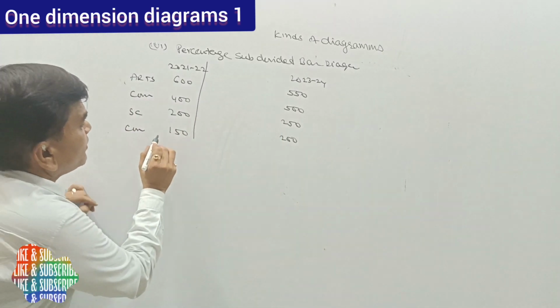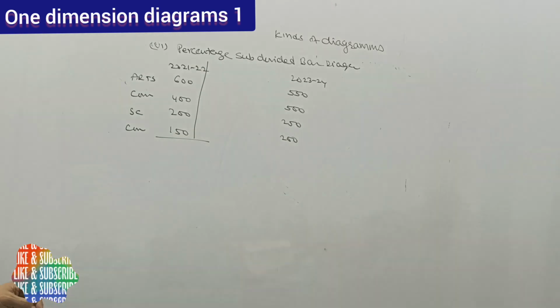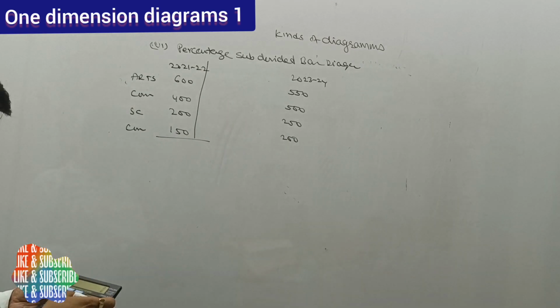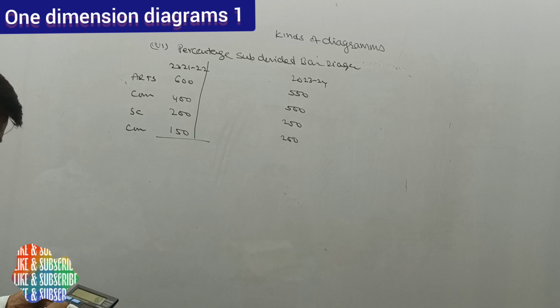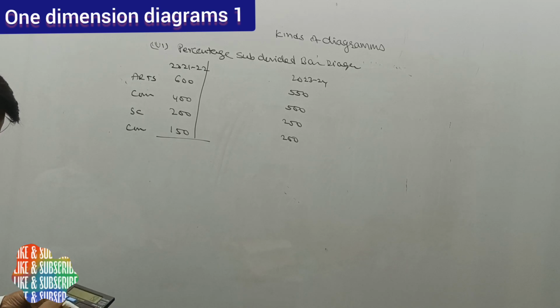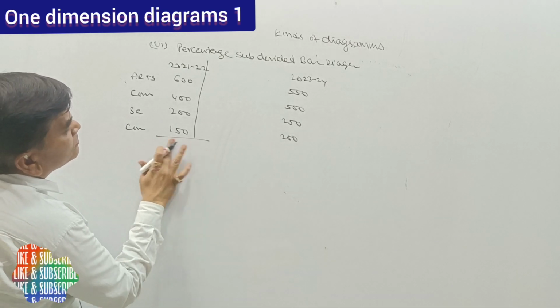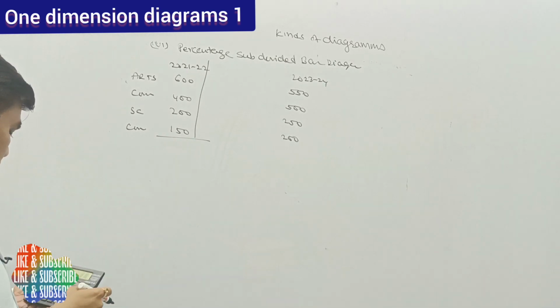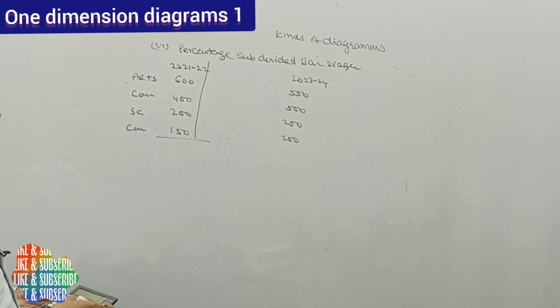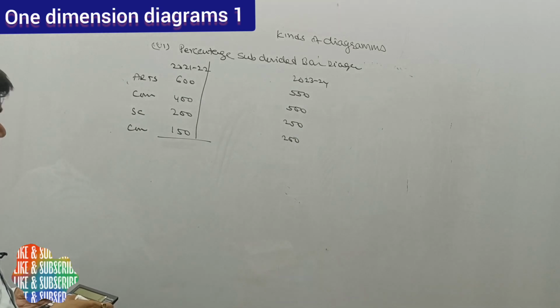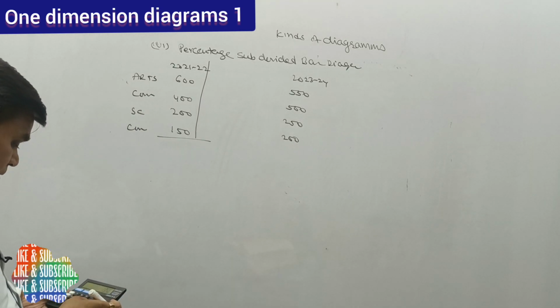So the very first thing, we get the total of this: 600 plus 400 plus 200 plus 150. That is 1000, 1200, 1350 total.